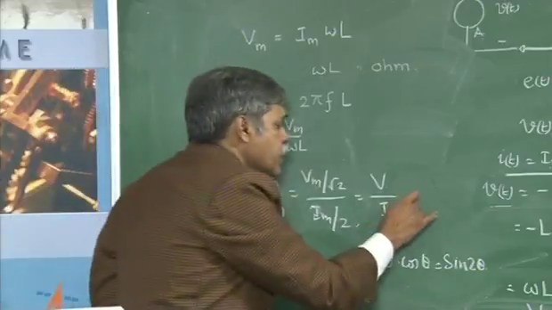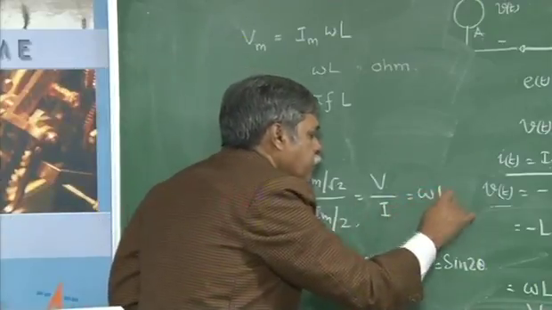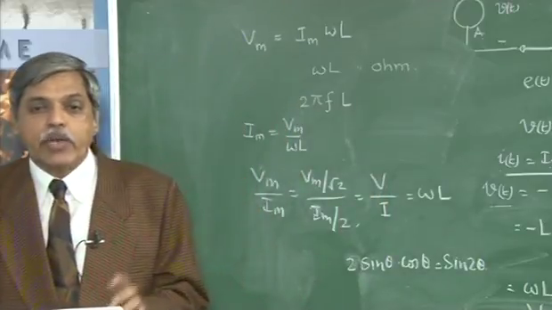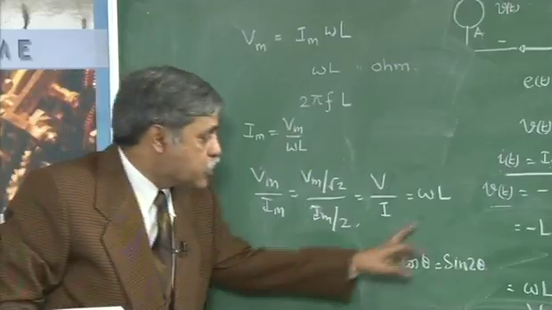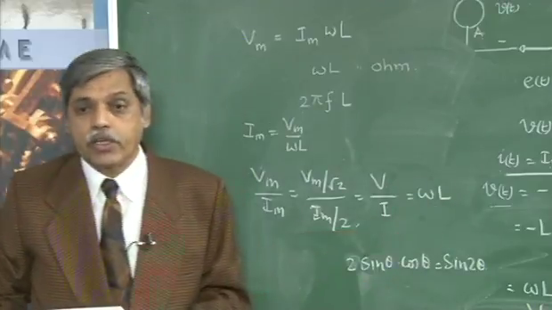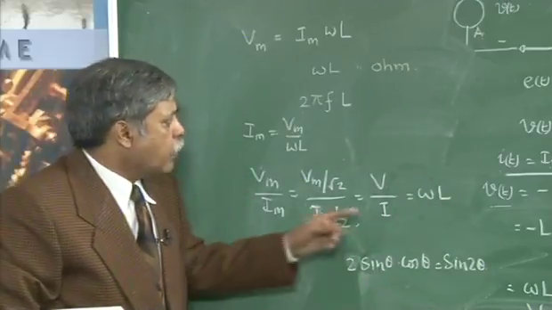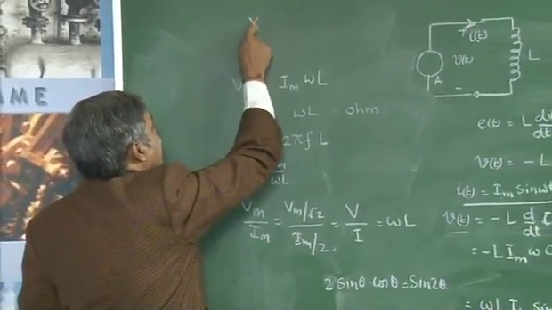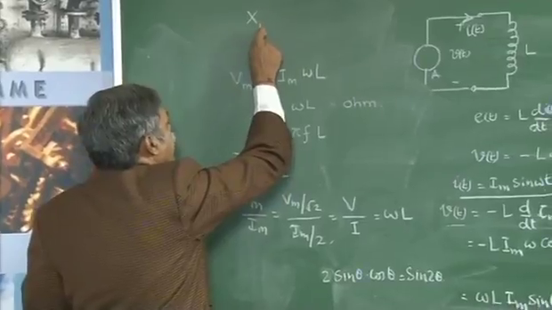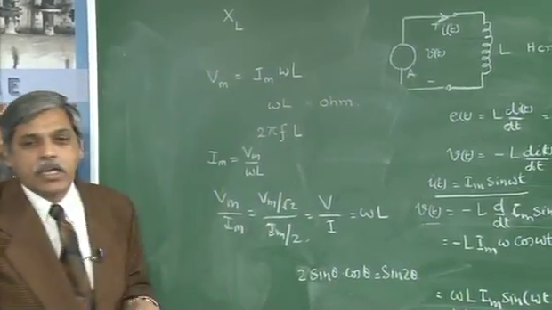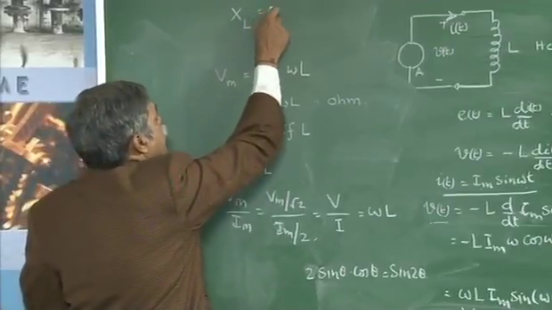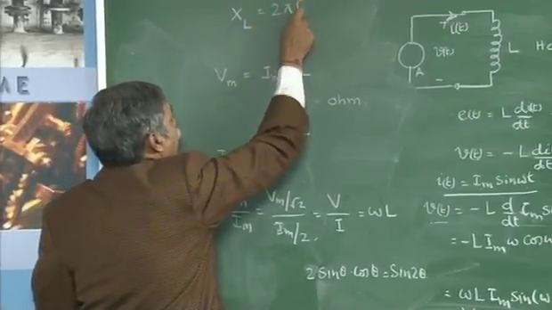This equals omega L, where omega L is called inductive reactance because it is due to the inductance of the circuit. Normally this inductive reactance is represented by the letter X. I put a suffix L here to say that it is because of the inductance. So this is 2 pi f L.